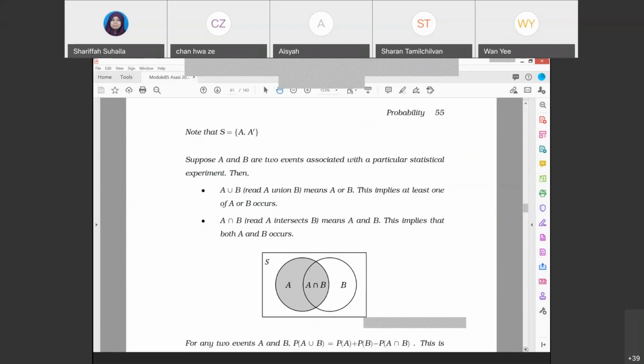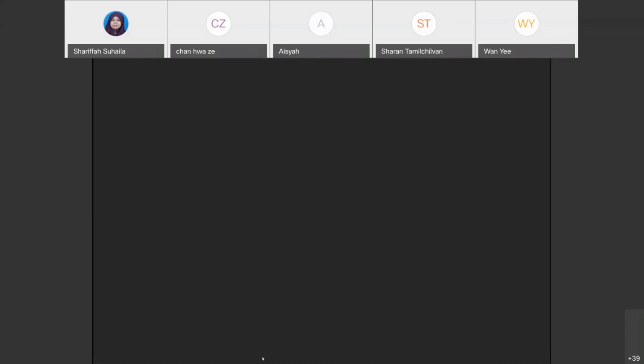You have A union B. We read it as A union B, so this is the symbol.